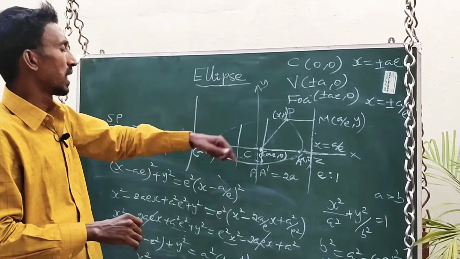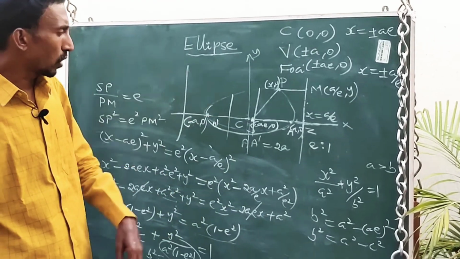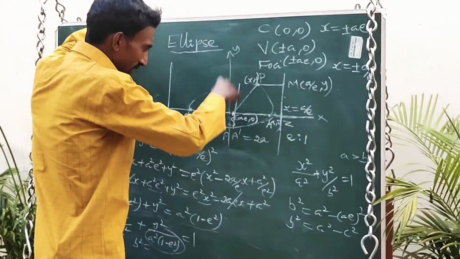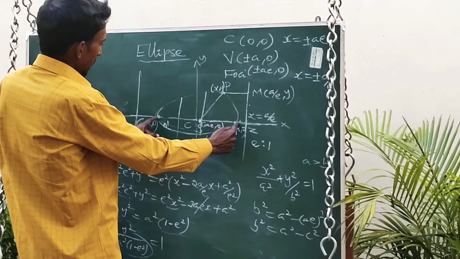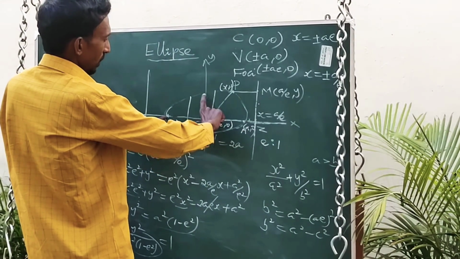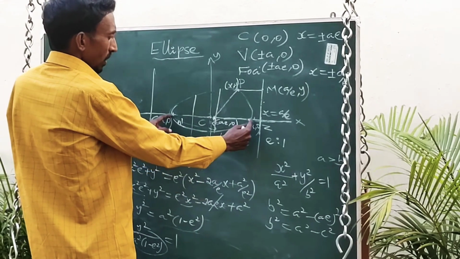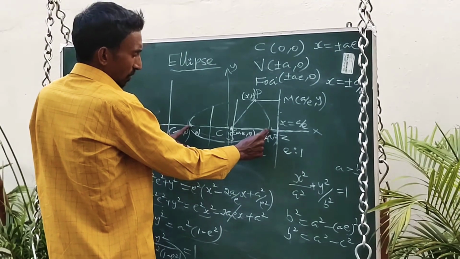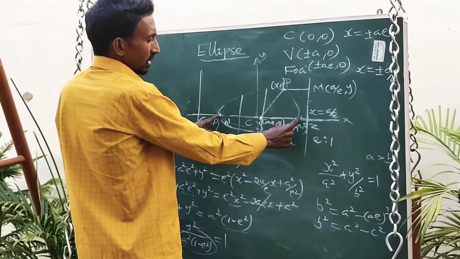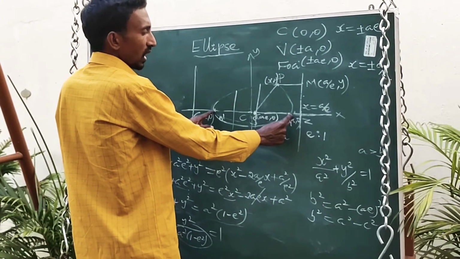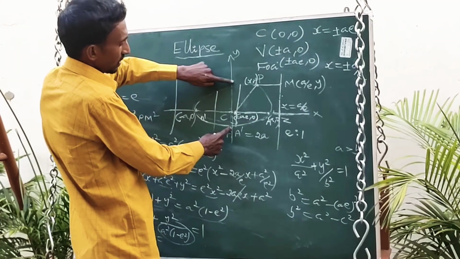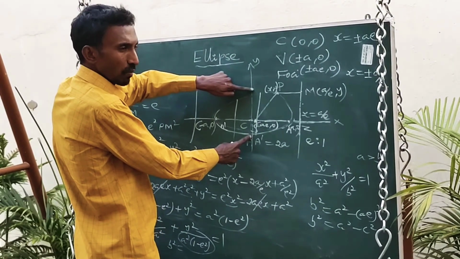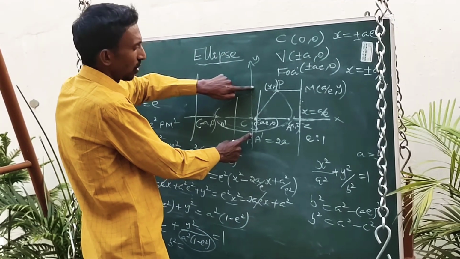But here this ellipse is symmetrical about both axes, both the x-axis and the y-axis. But look at the length. The major portion is on the x-axis and the minor portion on the y-axis. Therefore here in the first type of ellipse, the x-axis is called the major axis, and the equation is y equal to 0, and the y-axis is called the minor axis, and the equation of the minor axis is x equal to 0.